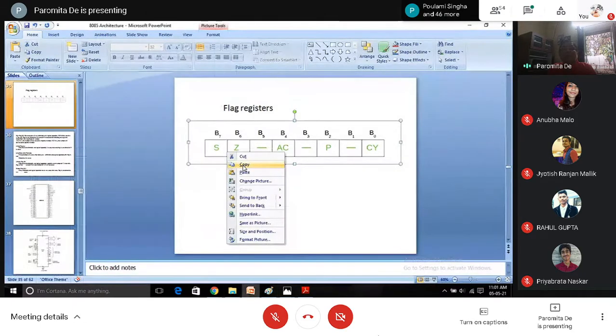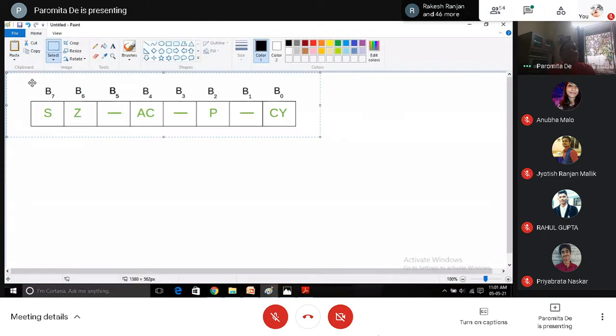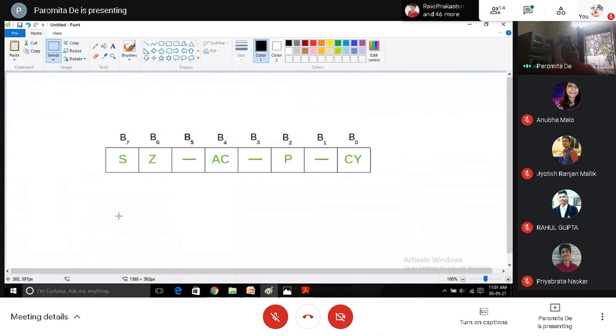These flag registers are also shown here. Like I said, there are flag registers.